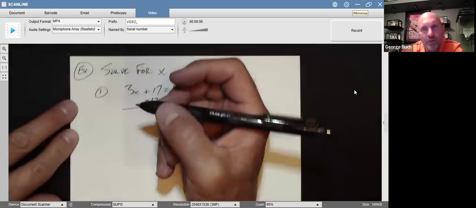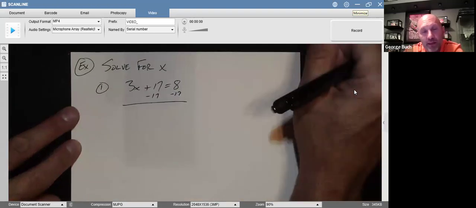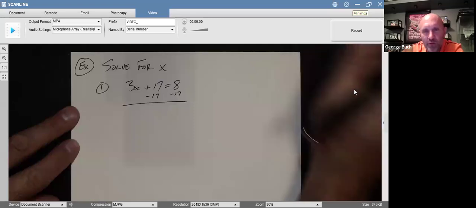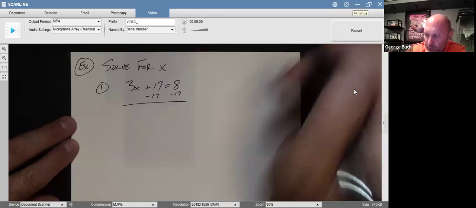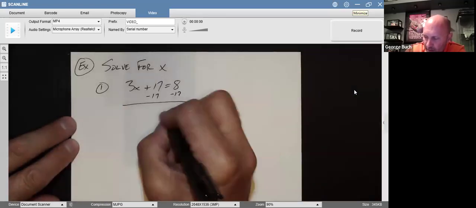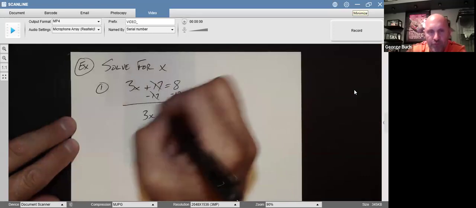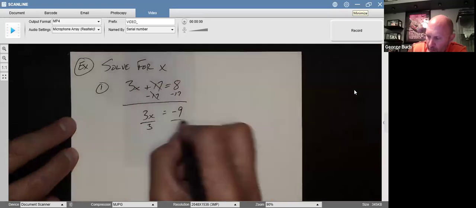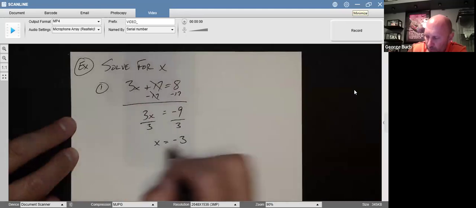I have no doubt that you guys are capable of doing these linear equations, but it doesn't mean that you always get them right, because it's little mistakes that get you. So just be careful. 8 minus 17 is negative 9. These cancel out, so we have 3x here. Then divide everything by 3. Negative 9 divided by 3 is negative 3.